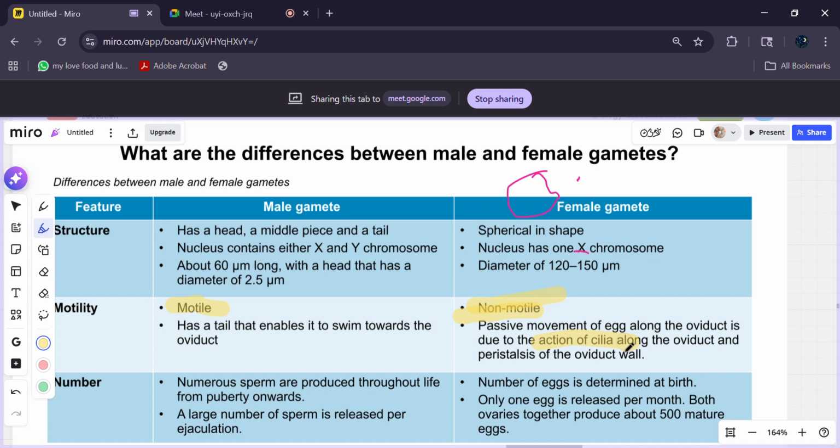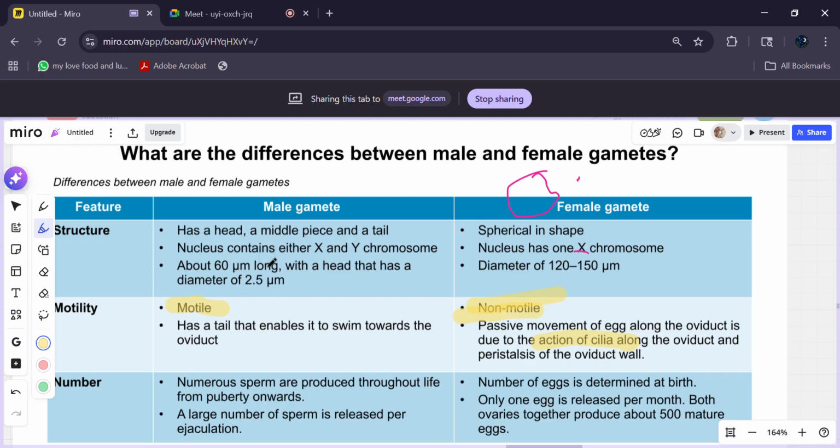It's the cilia that help the ovum travel along the oviduct, along with the peristalsis of the oviduct wall. But unlike the female gamete, the male gamete, the sperm cell, has a tail that enables it to swim towards the oviduct.